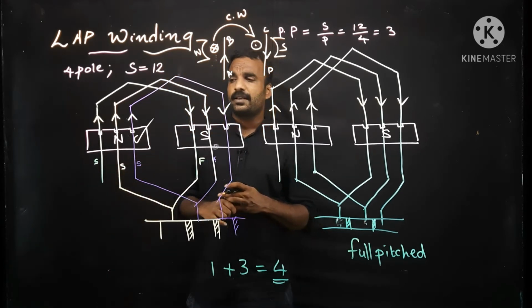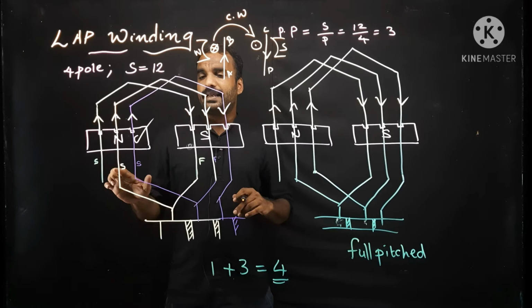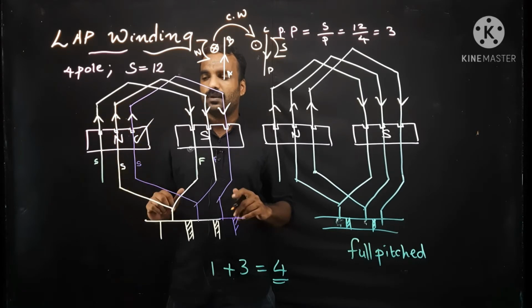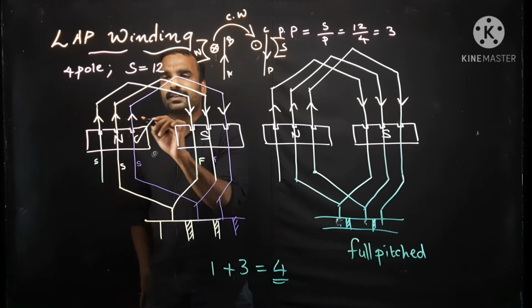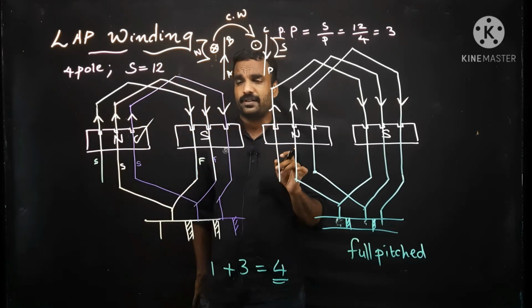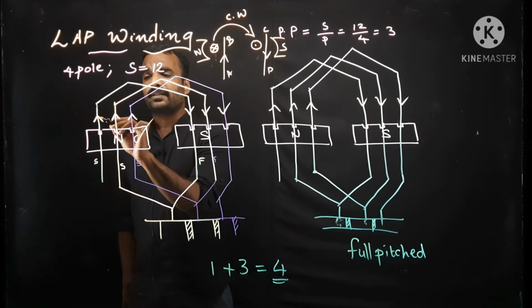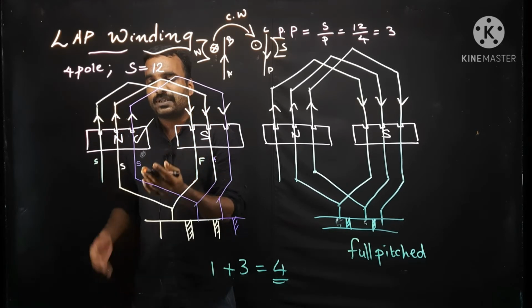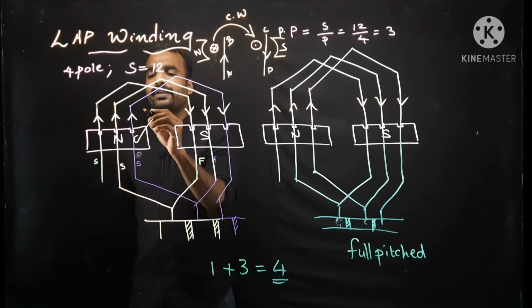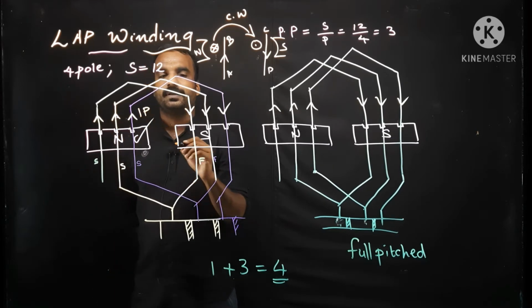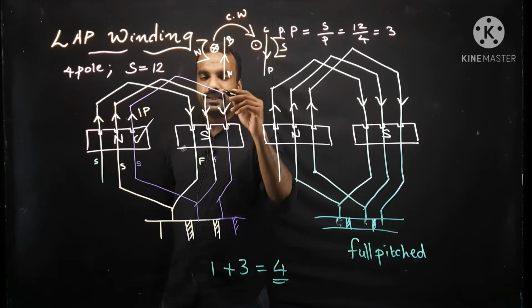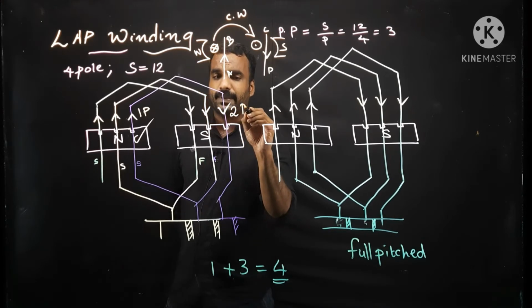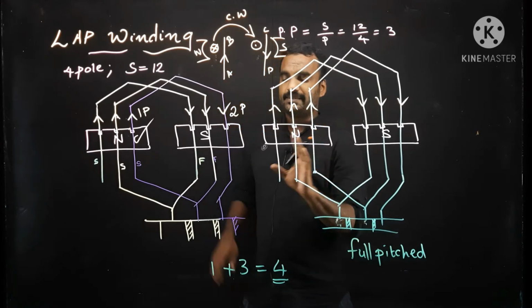If the same current is going upside under north pole, all the conductors are carrying the same magnitude of current, and those three conductors are actually connected. So the upside current you can count as one parallel path, and the corresponding downside conductors you can count as second parallel path.